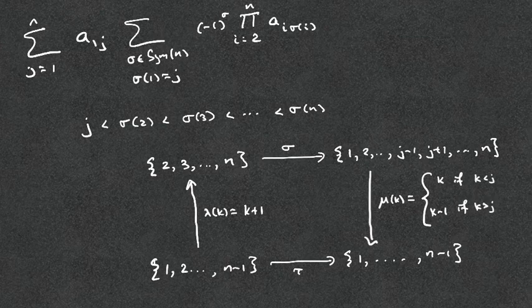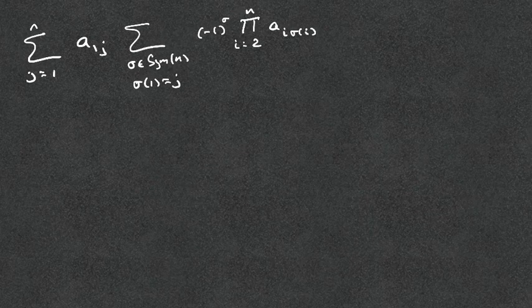And what we end up with then, just following the arrows, is this function tau looking like: first we apply lambda, then we apply sigma, and then we apply mu. And so these are the functions that we're going to put to work.